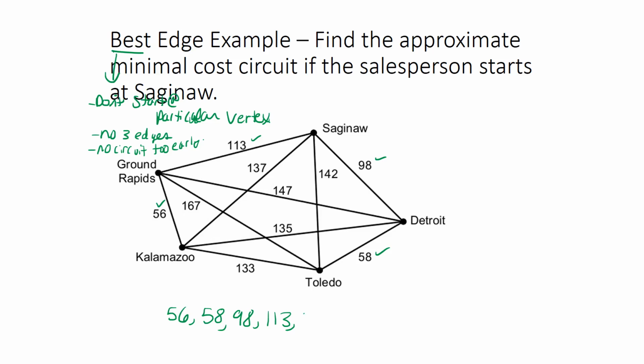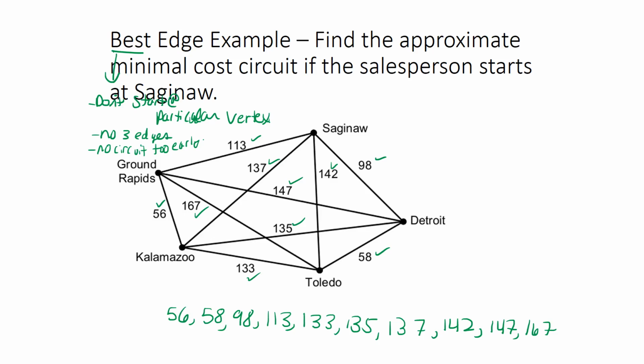We have 133, 135, 137, 142, 147, and 167. All right, and again, count them all, make sure that you have them all listed.